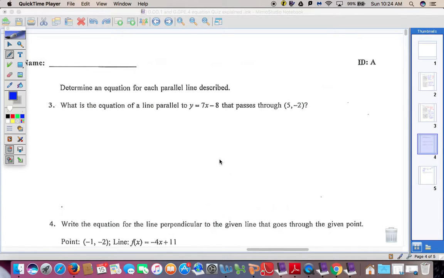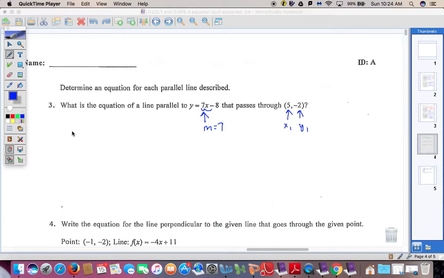If you had this equation, you're going to do the same thing. Write an equation of a line that is parallel. If it's parallel, I know my slopes are going to be the same. And my current slope is 7. Therefore, the line that's parallel to it will also have a slope of 7. This is my x1 value, and this is my y1 value.